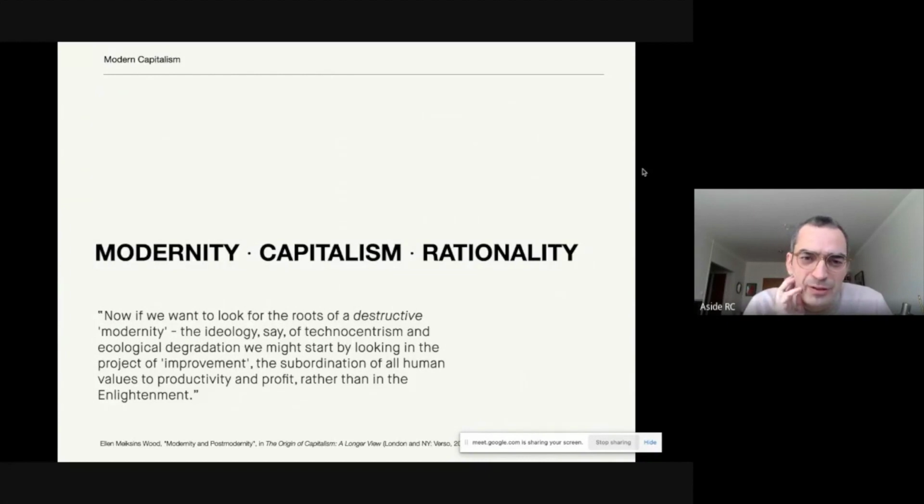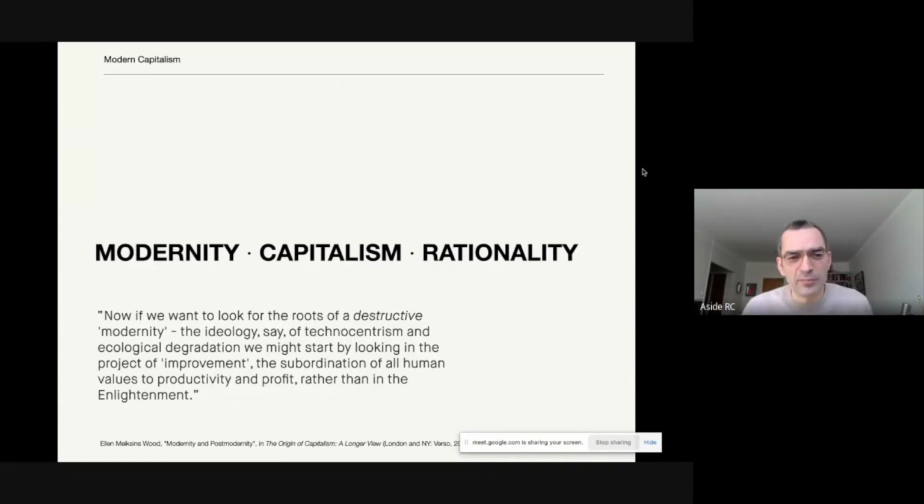But now, if we want to look for the roots of the destructive modernity, which, as we've seen, there might be also destructive sides of, the ideology of technocentrism and ecological degradation, which we're very much aware of now, we might start by looking in the project of improvement, the subordination of all human values to productivity and profit, rather than in the Enlightenment.